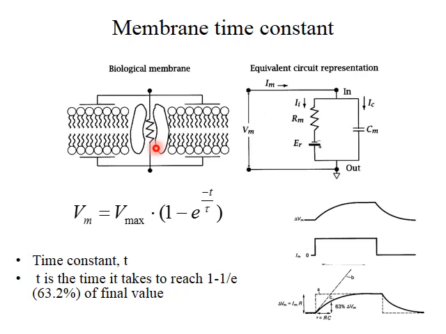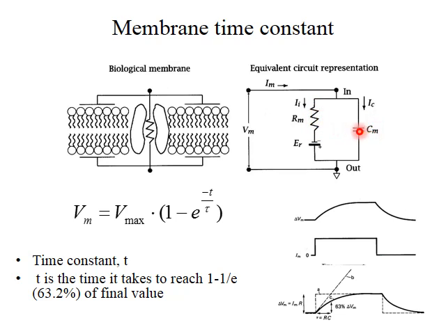So in our model, we had potassium channels that were open. This can be modeled by a resistance across the membrane, and also the membrane has a certain capacitance. We can model this by a capacitor, and if we draw the equivalent circuit, the resistance here represents the potassium channels that are open.